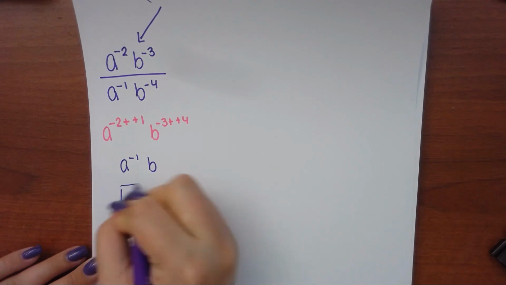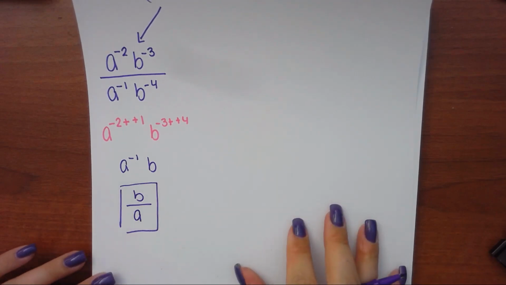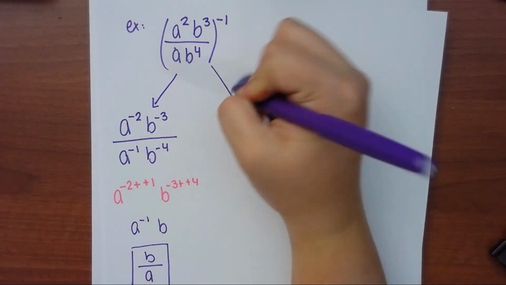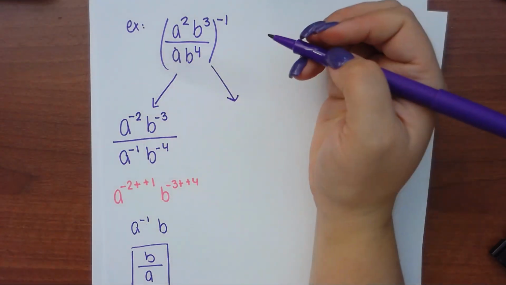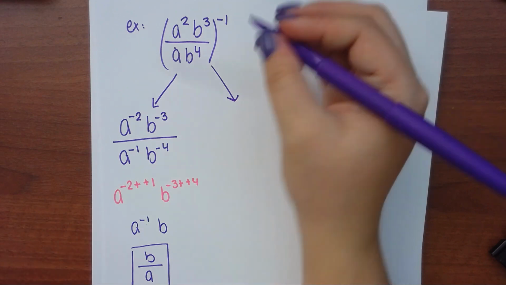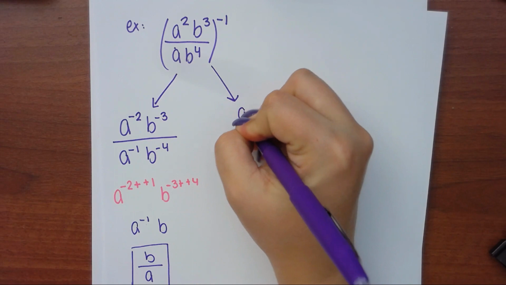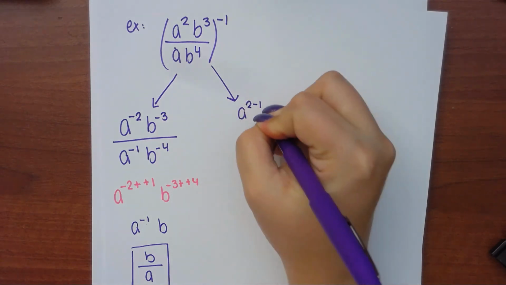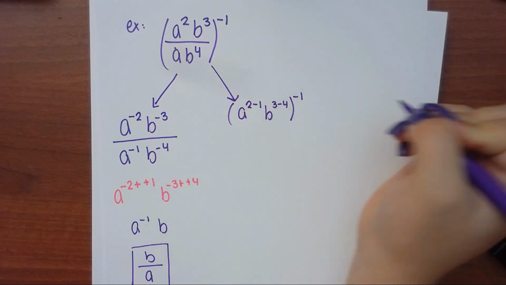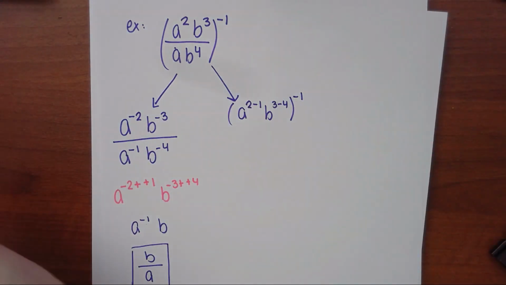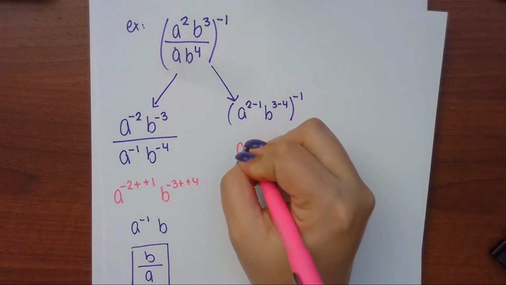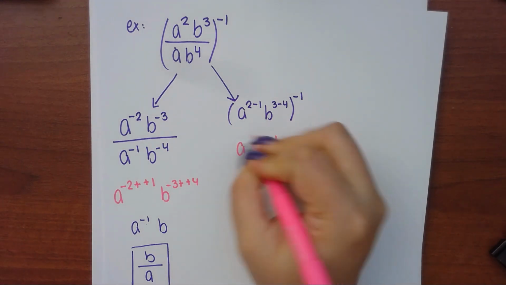Now that's one way to look at this problem. The second way is by doing the subtraction of the exponents on the inside first. So if I did the subtraction on the inside first, I would have a to the 2nd minus 1, b to the 3rd minus 4, all to the power of negative 1. Doing this would give me a to the positive 1st, b to the negative 1st, raised to the negative 1st.